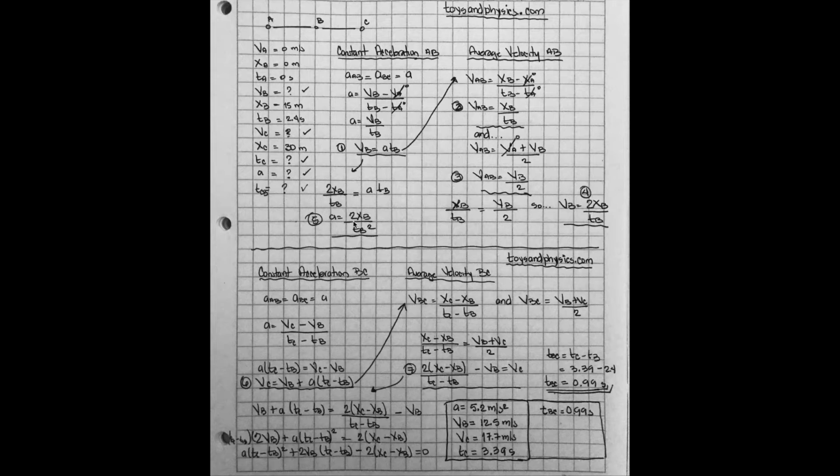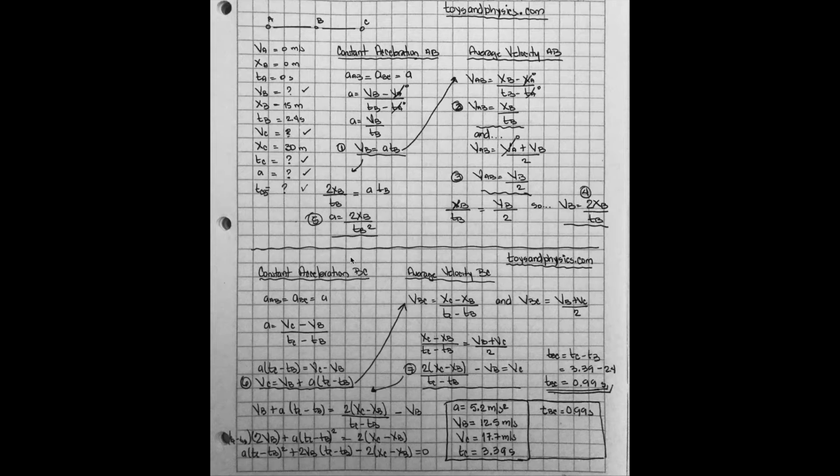I now know that the acceleration equals 2 times xB divided by tB squared, and that's the result of solving for a when I decided to make 1 equal to 4, 4 equal to 1, whatever you want to call it. That's what I will call equation number 5. So that so far has given us the velocity in B and the acceleration from A to B.